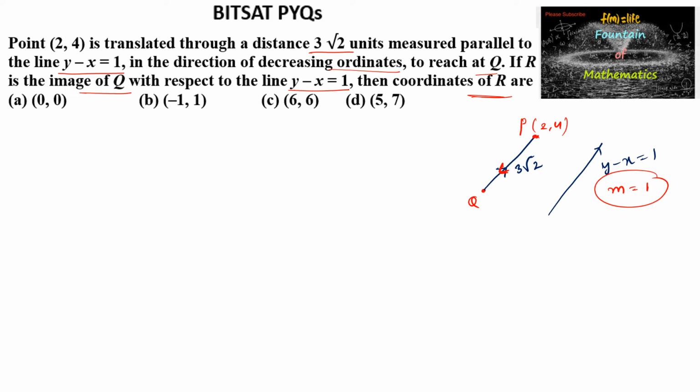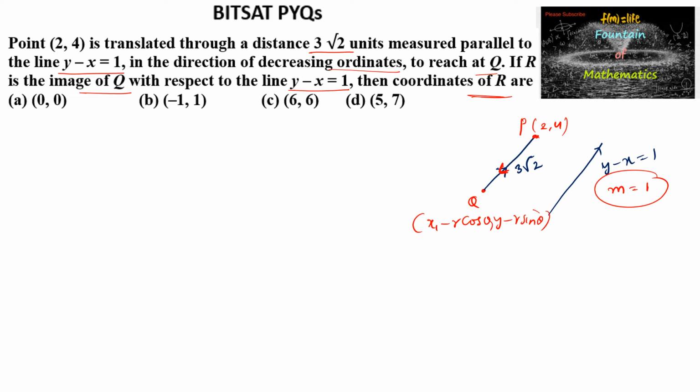So here also we can consider the slope is 1, and we know the coordinates. We can write x1 minus r cos theta and y1 minus r sin theta.